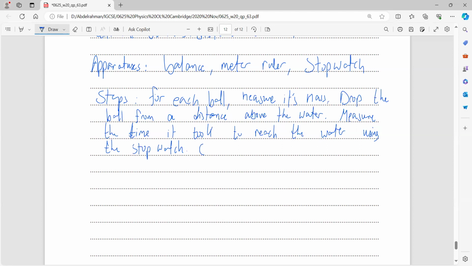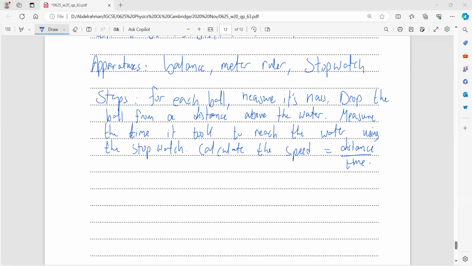Then I will calculate the speed. How will I calculate the speed? Speed equals distance over time. Right? And then you have to say, repeat this experiment for each mass of the ball. Shouldn't we also say take the average? Okay, you can say take average.